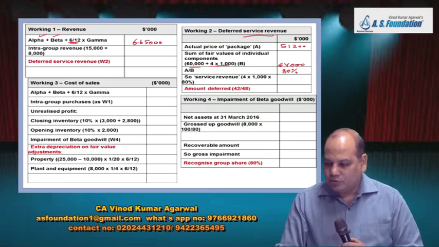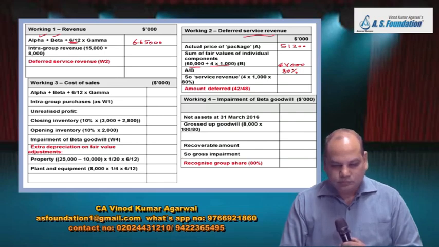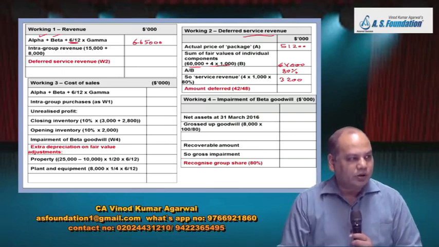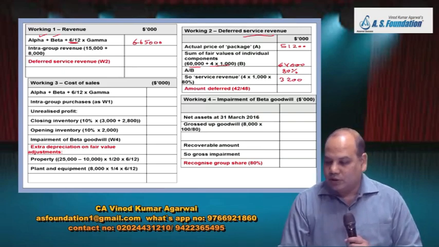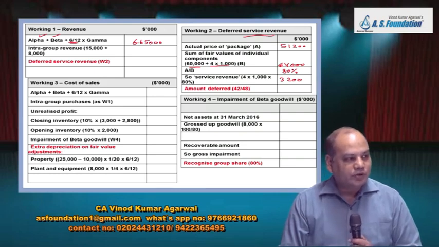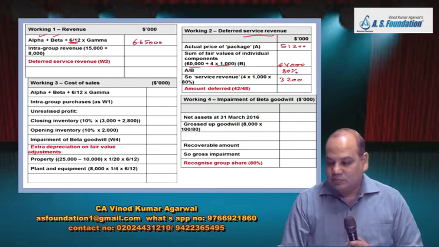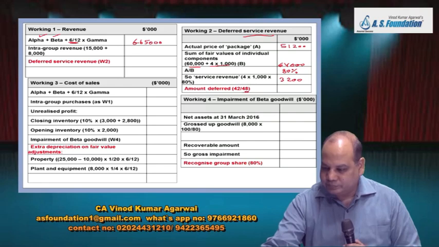0.80. So service revenue will get an allocation of 80% of 4,000. The total amount apportioned towards service revenue is 3,200. And out of that, 6 months service you have consumed, which means out of 48 months, 6 has been consumed.